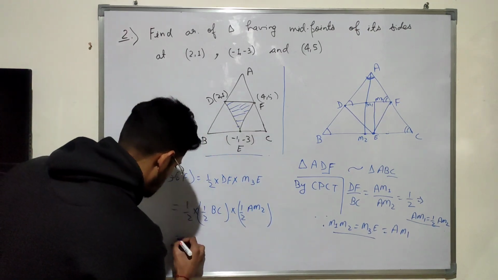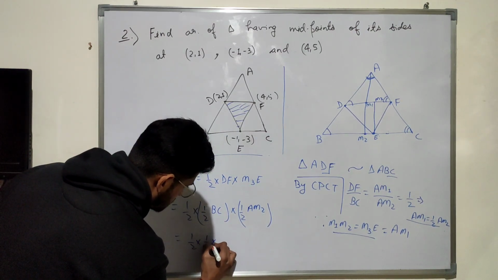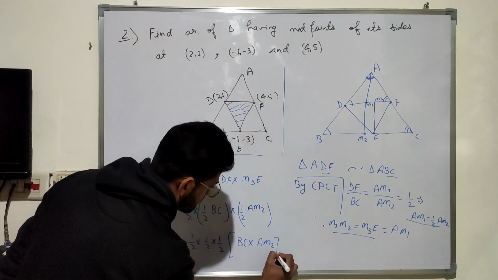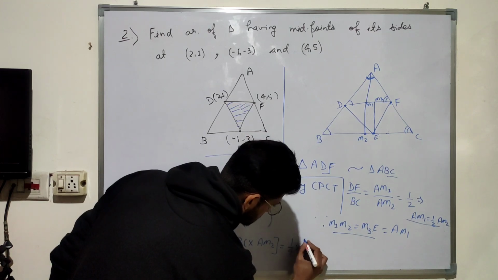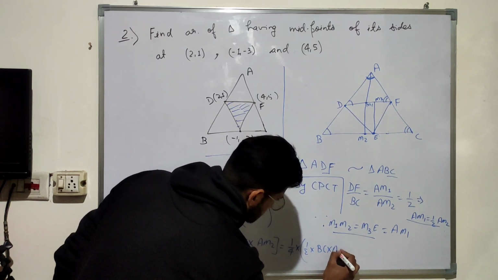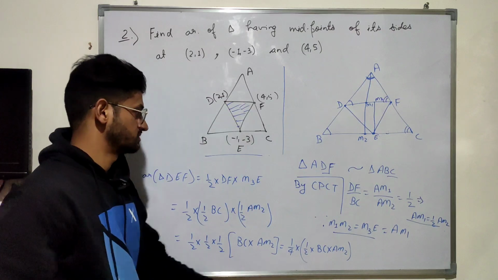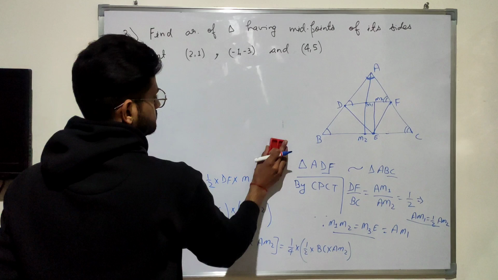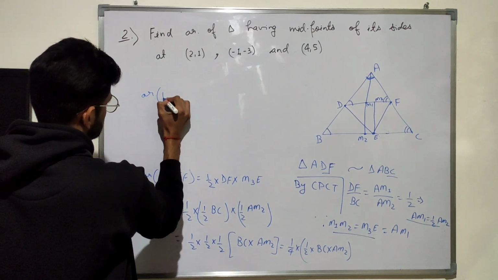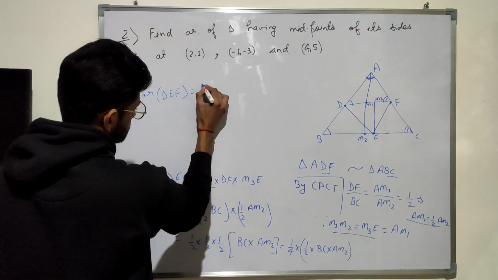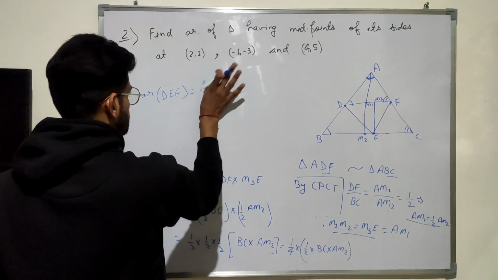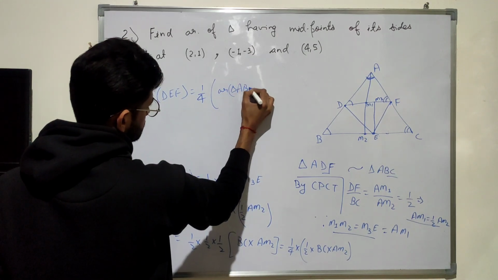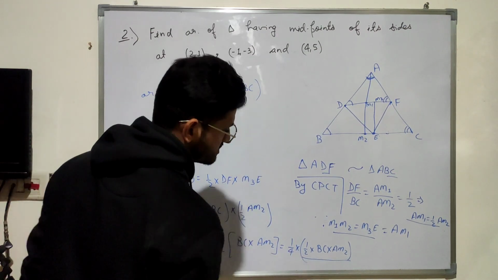So from here we can clearly see that we can write half of BC into AM2, which is equal to 1 by 4 into 1 by 2 into BC into AM2. This portion can be written as area of triangle DEF is equal to 1 by 4 times area of triangle ABC, because this portion is the area of triangle ABC.